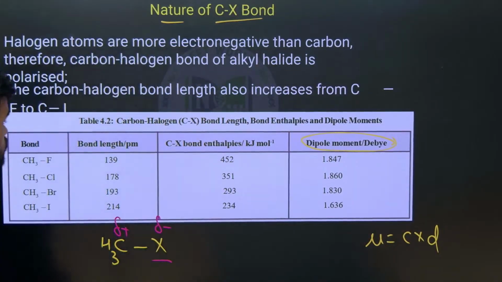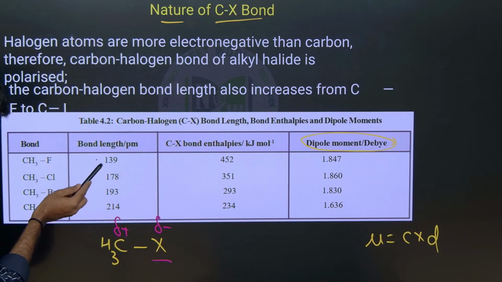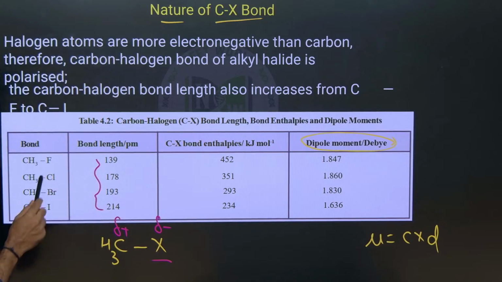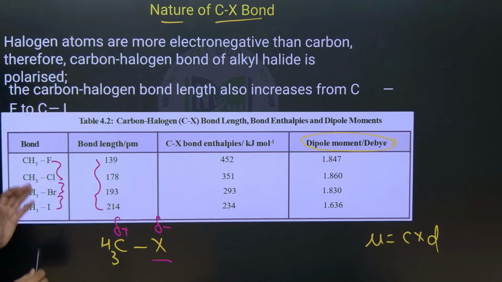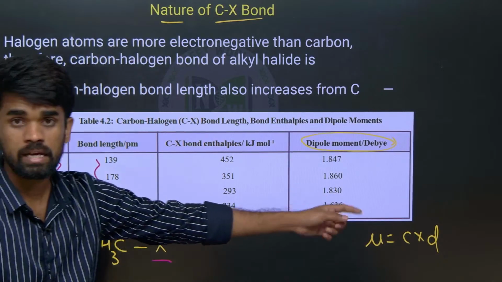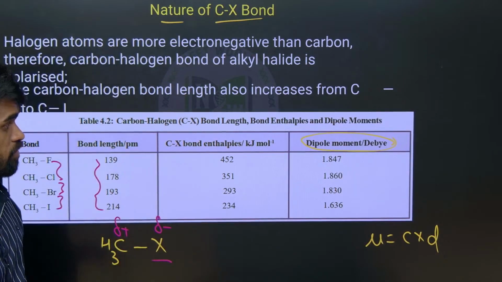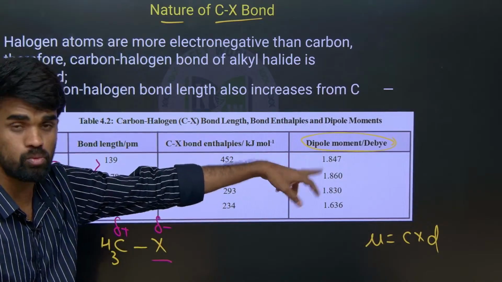Now, the bond length is increasing, and bond polarity is also changing from fluorine to chlorine, chlorine to bromine, bromine to iodine because of their electronegativity difference, right? By considering both charge and bond length, we will have dipole moments like this.